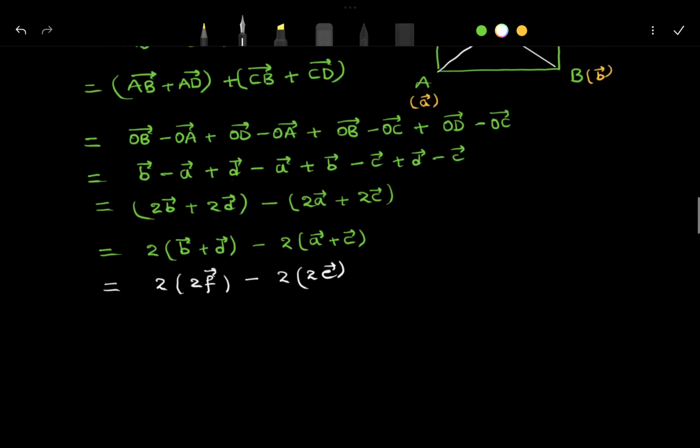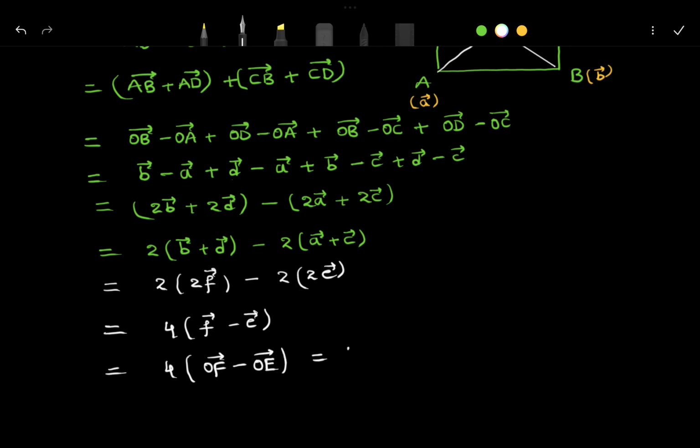Now 2 into 2 is equal to 4. You take that 4 as common. That value is nothing but f bar minus e bar, so that is equal to 4 into, here this value is nothing but OF bar minus OE bar.